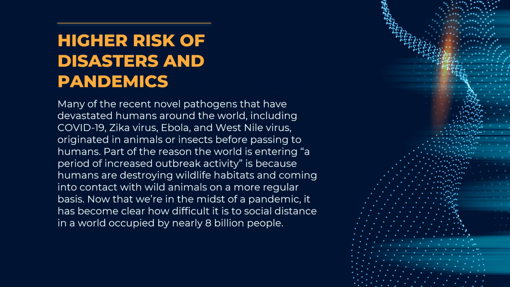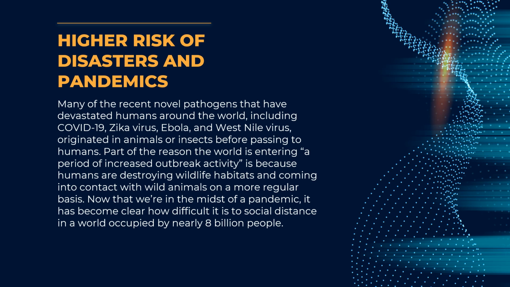Higher risk of disasters and pandemics. Many of the recent novel pathogens that have devastated humans around the world, including COVID-19, Zika virus, Ebola, and West Nile virus, originated in animals or insects before passing to humans.